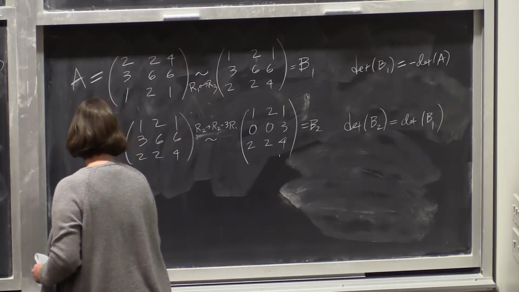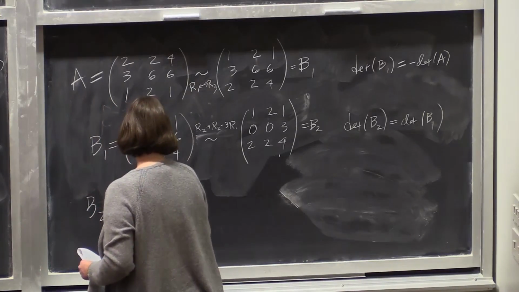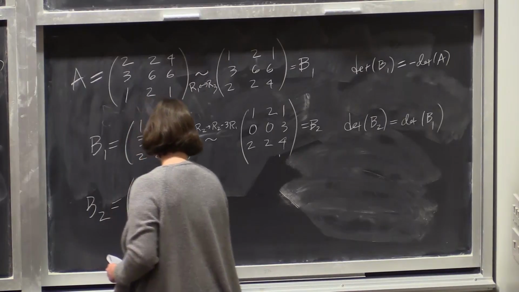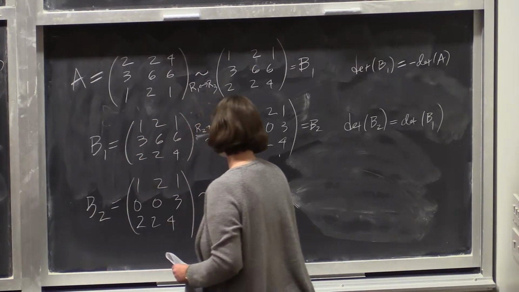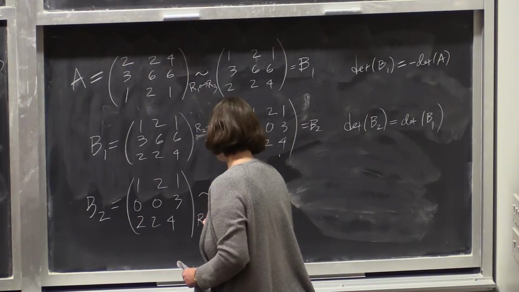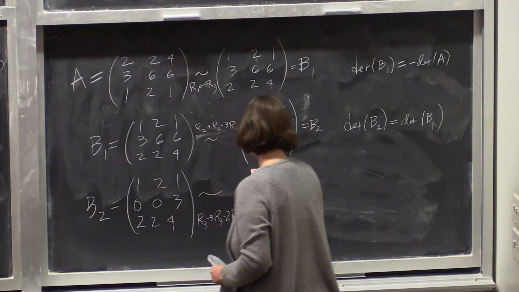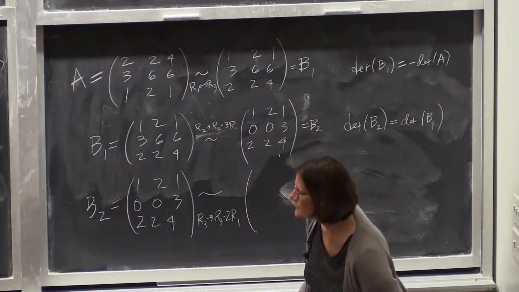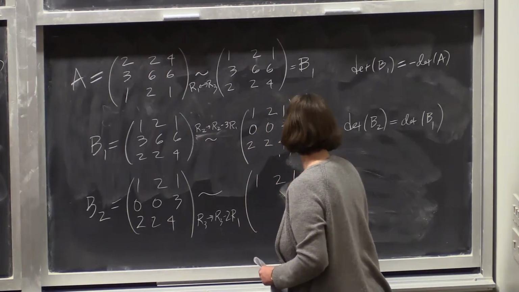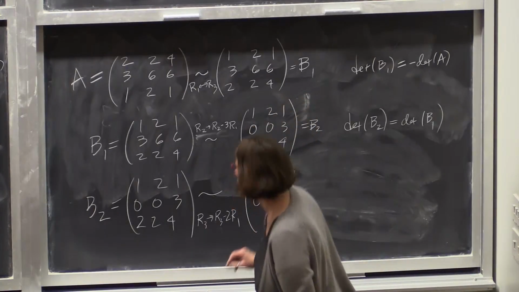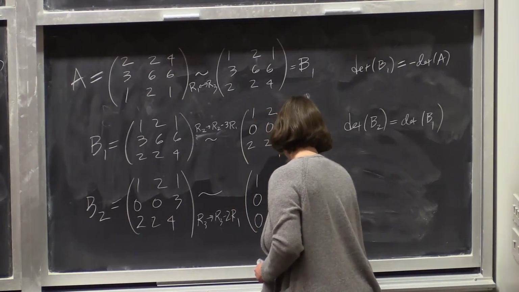Now, B2 is 1, 2, 1, 0, 0, 3, 2, 2, 4. That's row equivalent to, if I send row 3 to row 3 minus 2 row 1, the matrix 1, 2, 1, 0, 0, 3, 0, minus 2, 2.